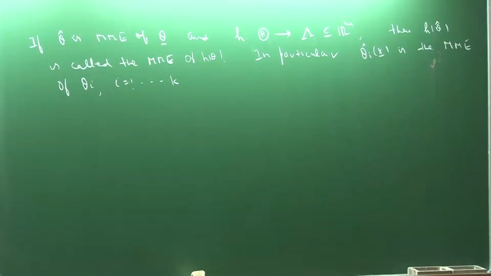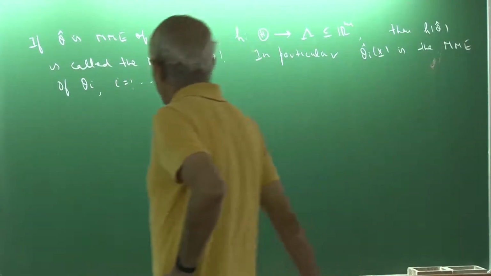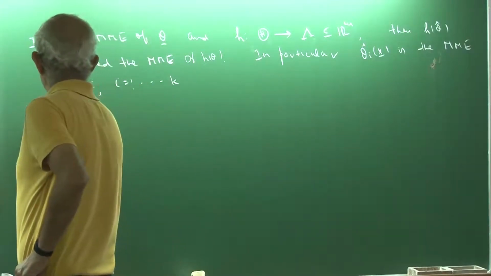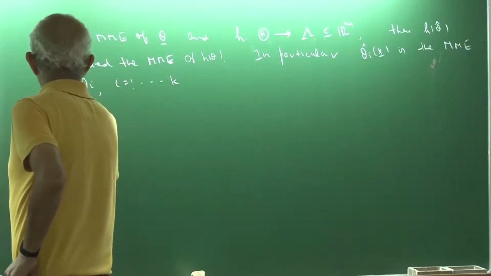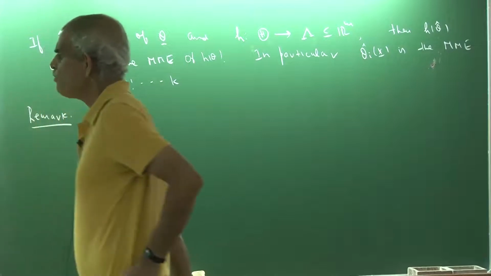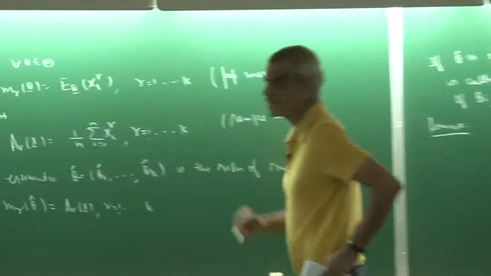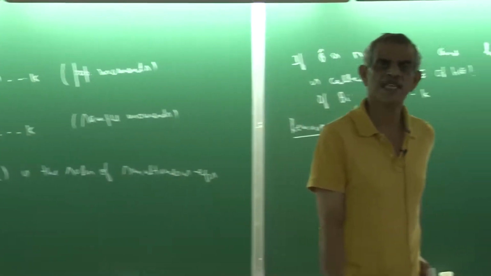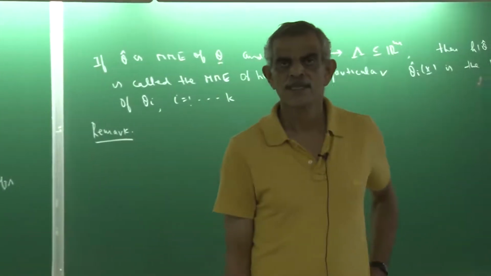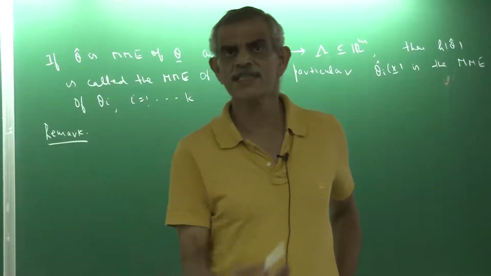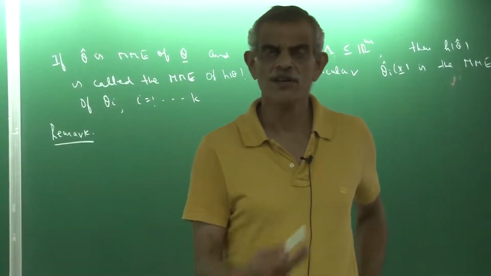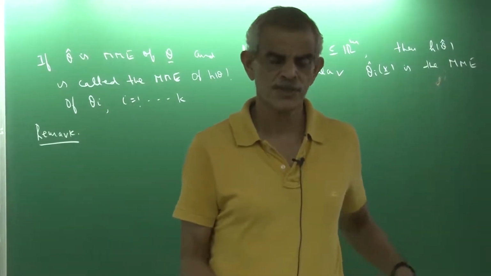Now let's see some comments about method of moment estimators. Note that method of moment estimators rely on the fact that the first k moments exist. So if the moments do not exist for the distribution, the method of moment estimator cannot be used.